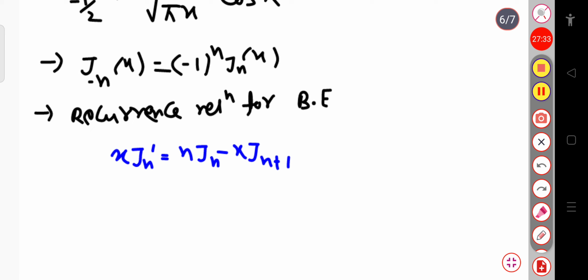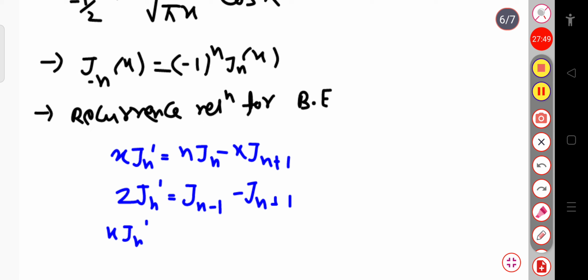Also 2 Jn prime will be equal to Jn minus 1 minus Jn plus 1. So these are some basic recurrence relations, and also you can remember x Jn prime equal to minus n Jn plus x Jn minus 1.